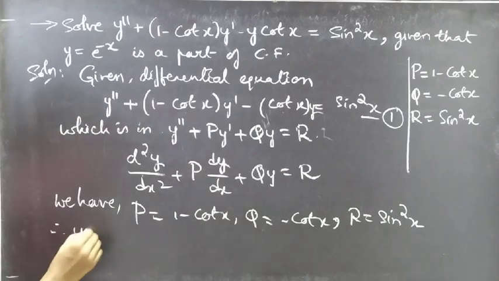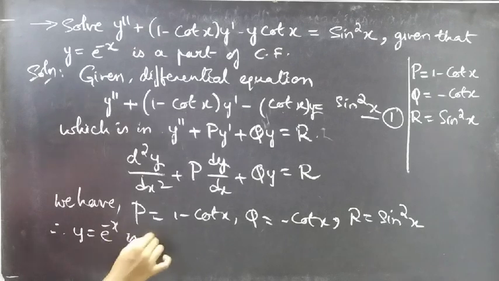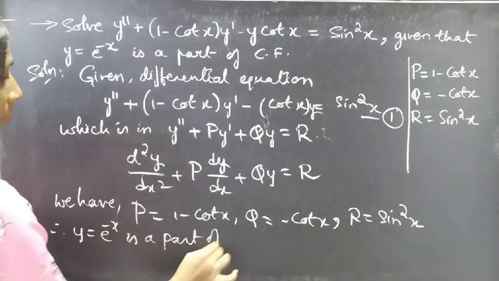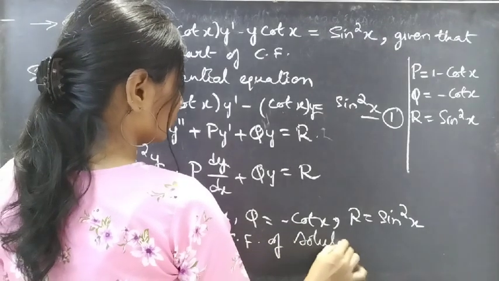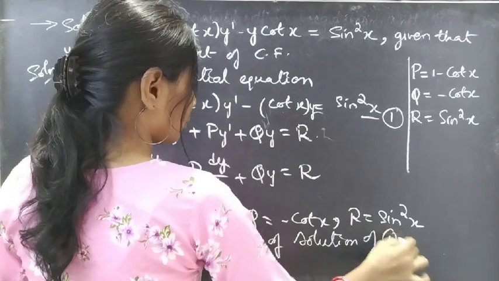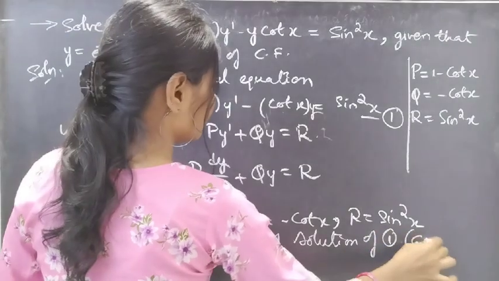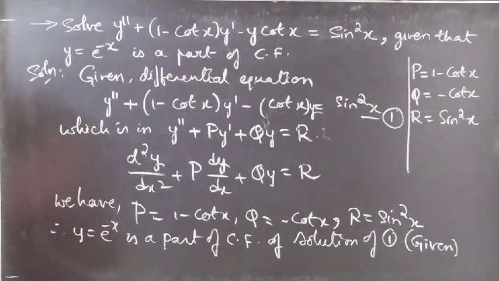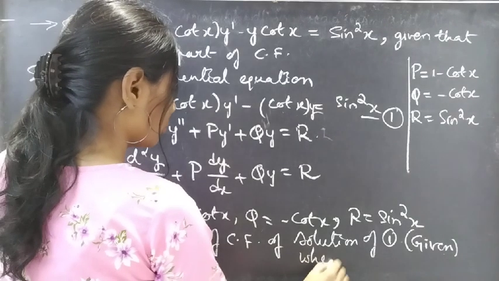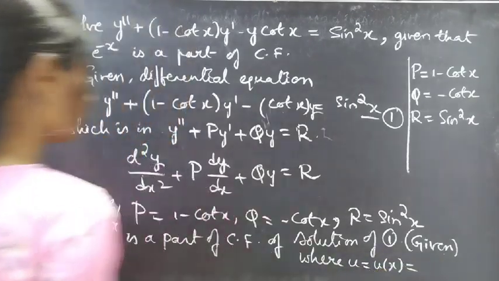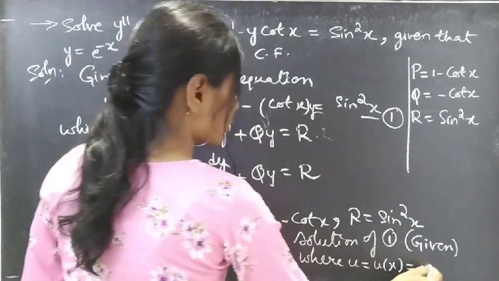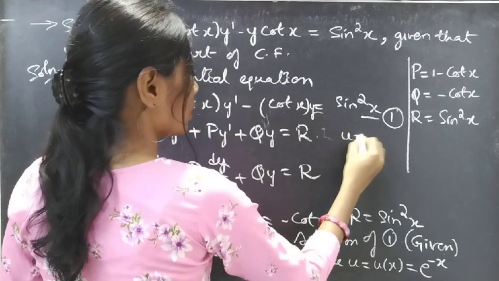Therefore, y equal to e power minus x is a part of CF of solution of 1, which is given. Now we need to find general solution, right? Let u, which is u of x, equal to e power minus x.